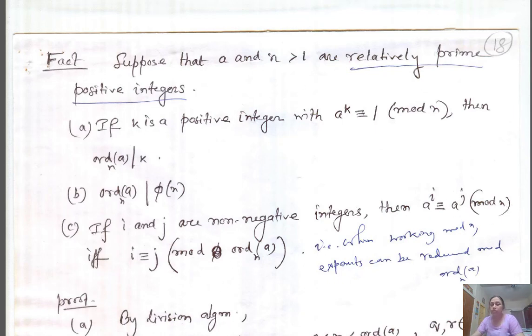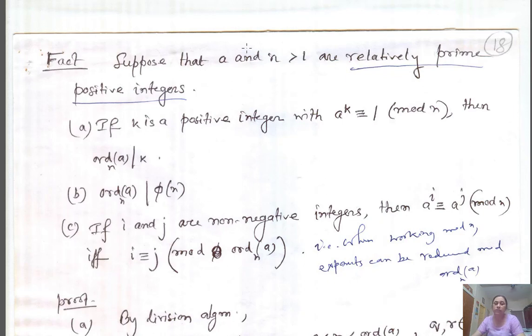Okay, so if we are working modulo n, then in the powers we can work modulo order of a modulo n. And since order of a modulo n also divides phi n, we can work these powers modulo phi n also. So when working modulo n, exponents can be reduced modulo order of a modulo n.